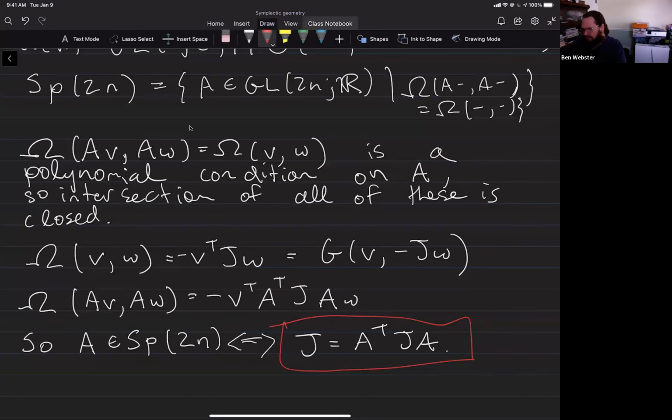And this is just this condition I wrote up above applied to all pairs of vectors in a basis, right? The entries of these two matrices are just the symplectic form applied to, and the symplectic form after multiplication by A applied to, all pairs of vectors in a basis.